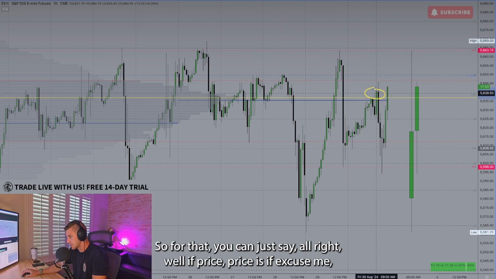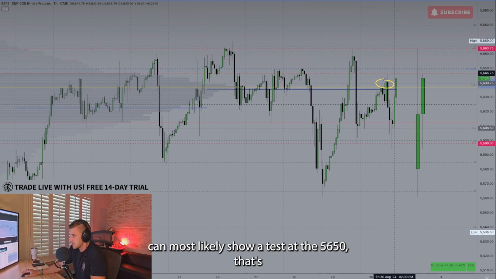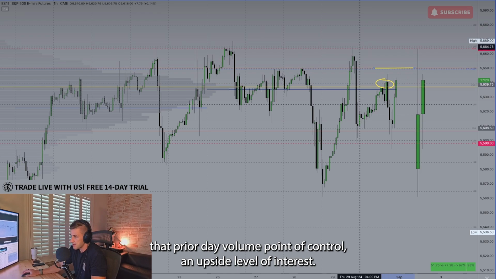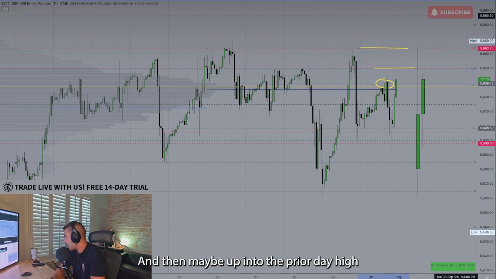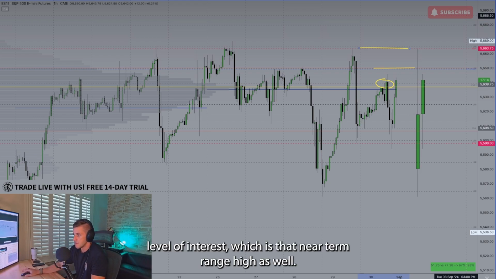So for that, you can just say, all right, well, if price breaks and maintains that pre-market high, can most likely show a test of the 5650. That's that prior day volume point of control and upside level of interest, and then maybe up into the prior day high, that 5665 level of interest, which is that near-term range high as well.